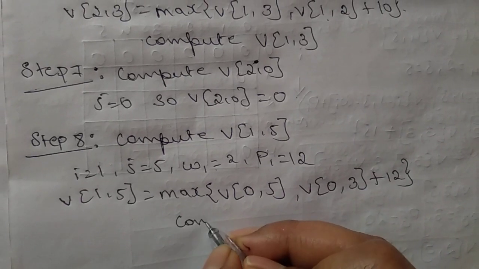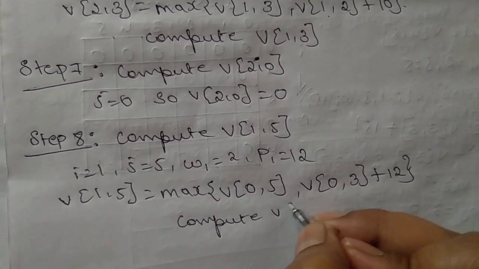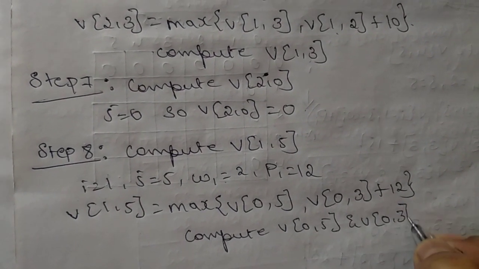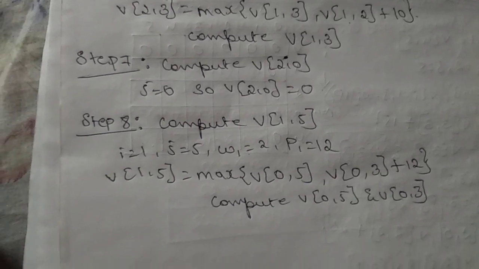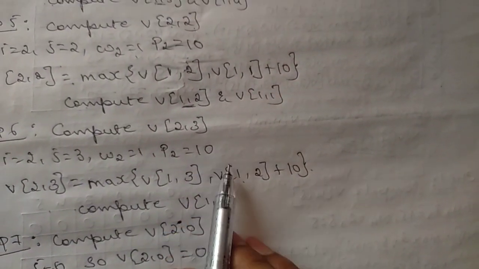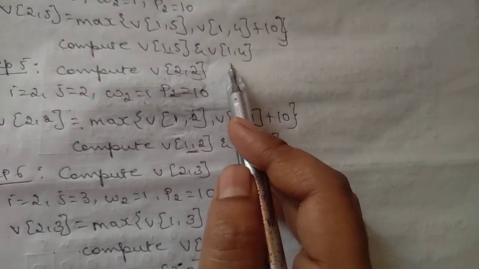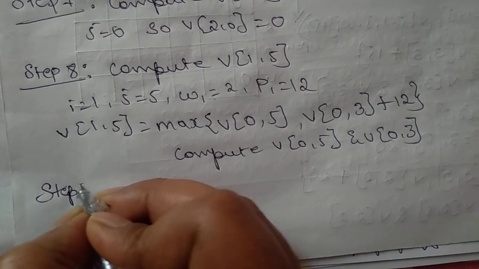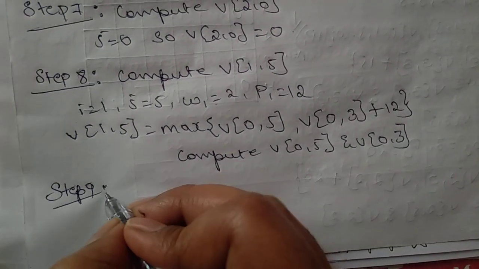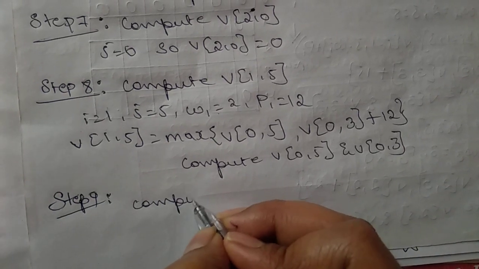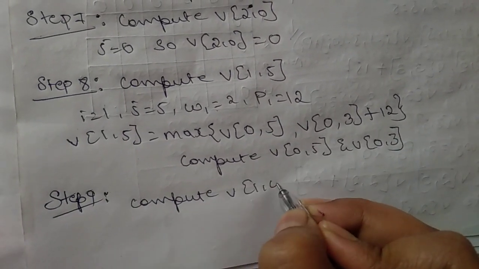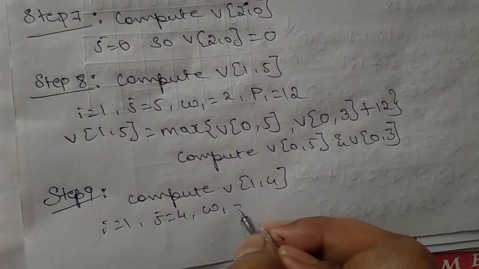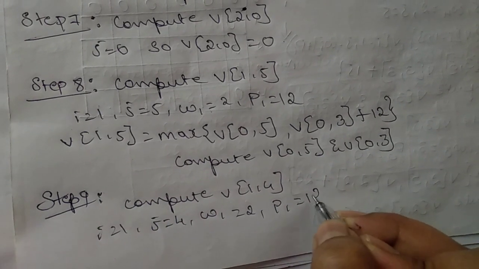Now compute v of 0 comma 5 and v of 0 comma 3. Okay, next what you have to compute, v of 1 comma 5 is done, then v of 1 comma 4. Step 9, compute v of 1 comma 4. i is equal to 1, j is equal to 4, w1 is equal to 2, p1 is equal to 12.